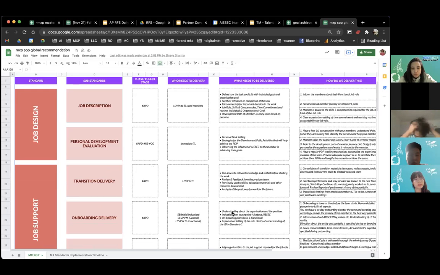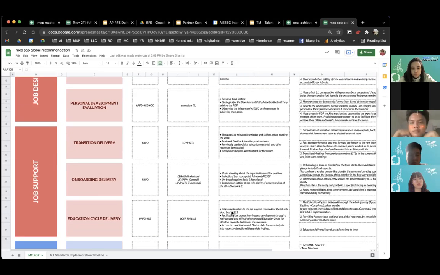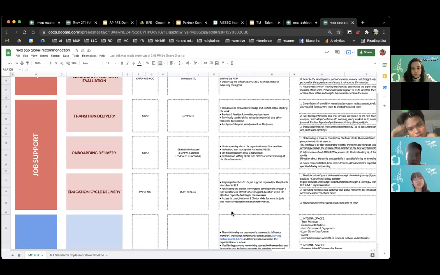For example, personal development evaluation, education cycle and development, or delivery, the steps are going to be quite easy, but ensure that you have material and you are guiding people on how things should be delivered. If it's going to be a session, and what the learning environment is going to be in this space, then you need to know how the session should be designed, and you guide people in this.